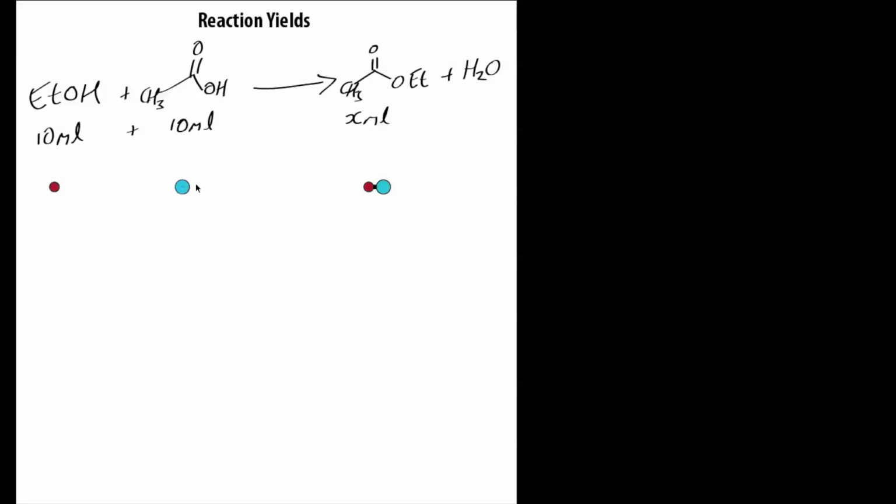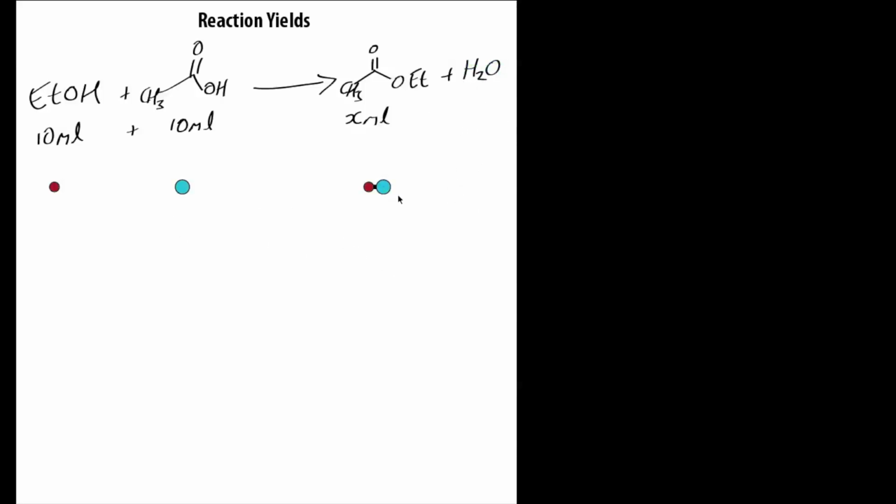If we look at these little molecule schematics I've done here, if the red circle represents an ethanol molecule floating around in space, and the blue one is acetic acid, when they react together they should form something like this, so they're both stuck together like that, and obviously we get water.